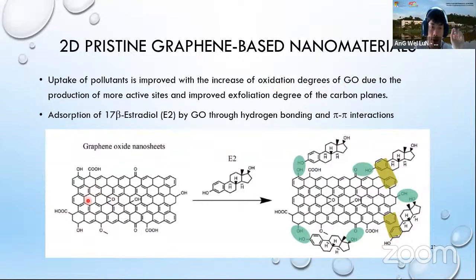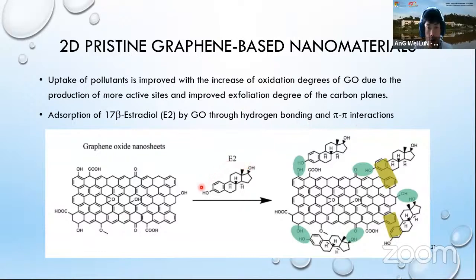Of course, with a higher oxidation degree you get more oxygen functional groups, and those functional groups will be the active sites for the capture of pollutants. In this case, adsorption of 17 beta estradiol, an estrogen hormone, by graphene oxide through hydrogen bonding and pi-pi interaction.